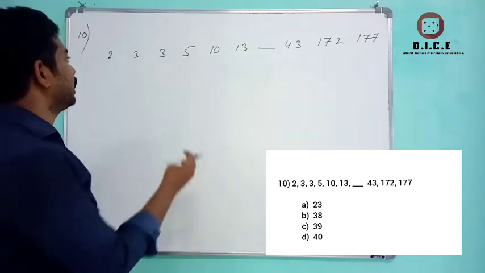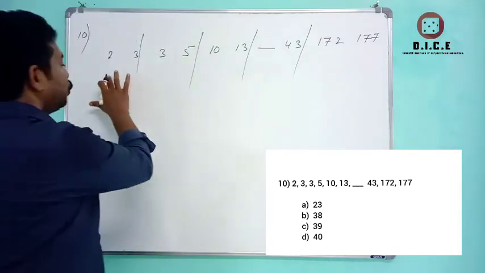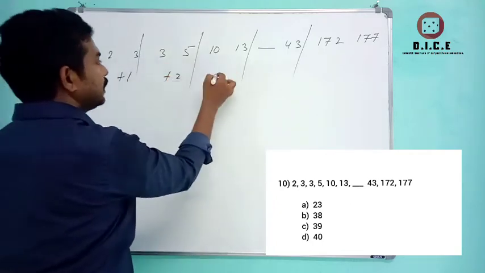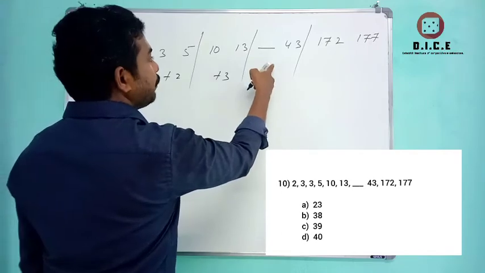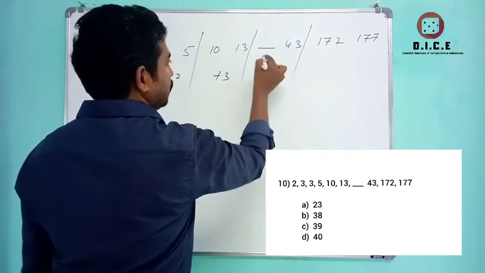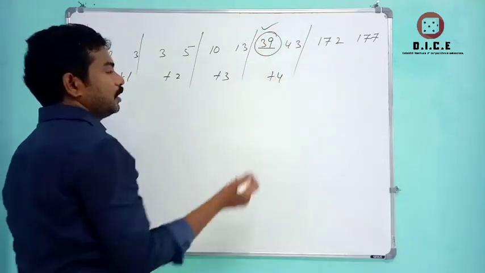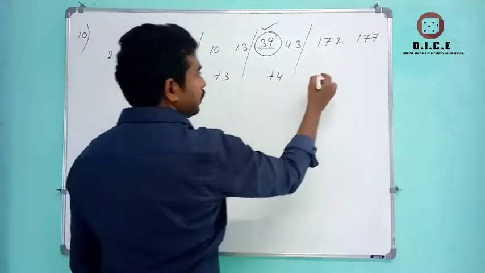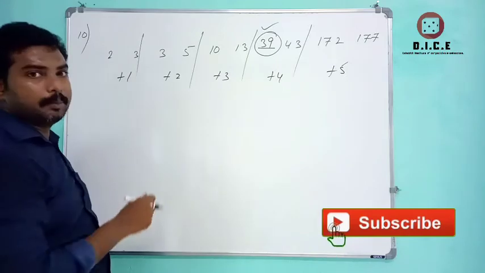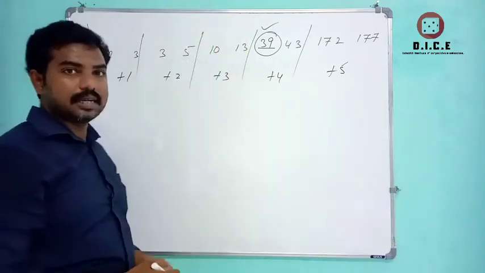If you consider every 2 numbers as a set, 2 becomes 2, 3 becomes 3 that is plus 1, 3 becomes 5 that is plus 2, 10 becomes 13 that is plus 3, and the number you add next is plus 4, that becomes 43. So 43 minus 4 definitely gives 39. And here 172 plus 5 is 177. So by considering every 2 numbers as a set, plus 1, plus 2, plus 3, plus 4, plus 5. So 39 is your answer.